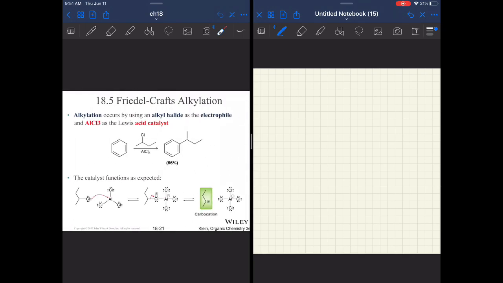Now, the next two reactions are linked. We are going to look at Friedel-Crafts alkylations and Friedel-Crafts acylations. They have some similarities, they have some differences. So the first one that we're going to look at is alkylation, where we are adding an R group, or substituting an H for an R group.